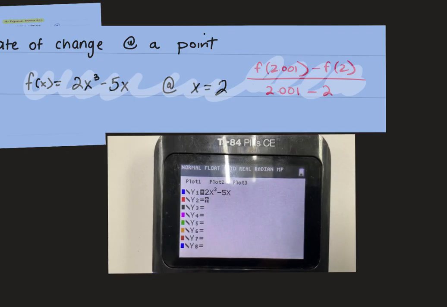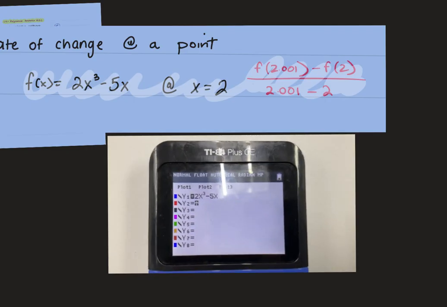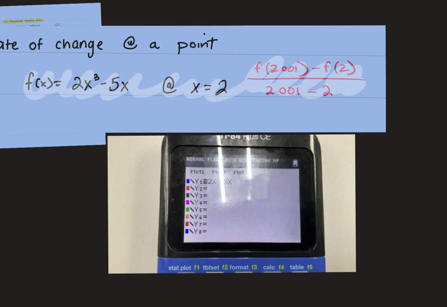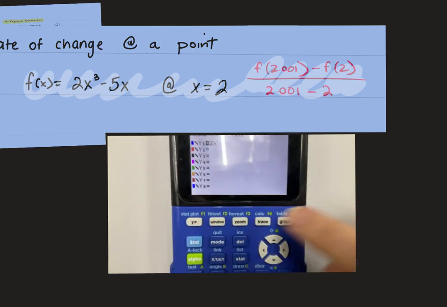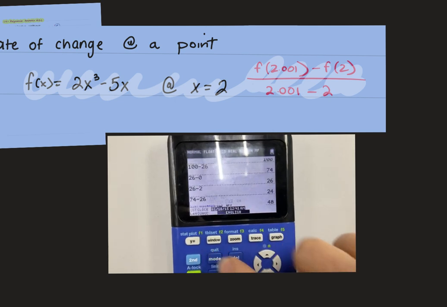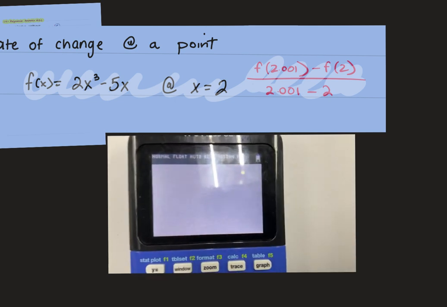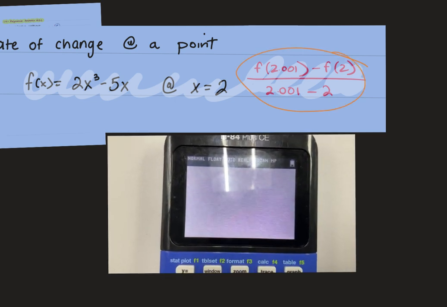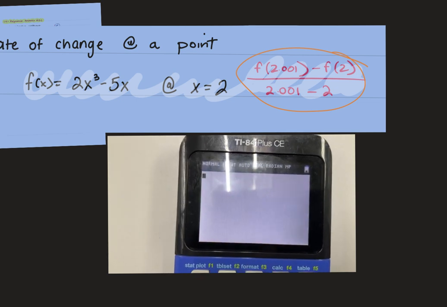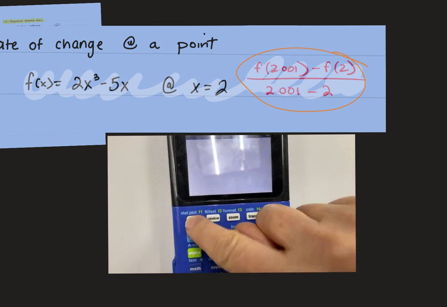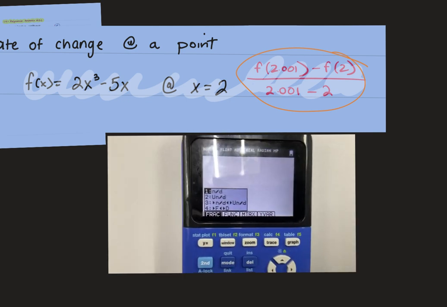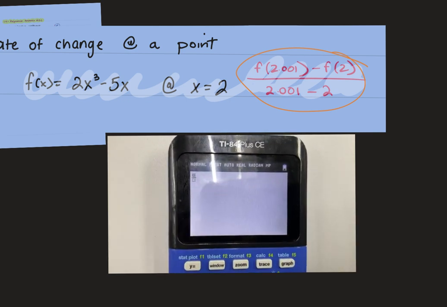All right, so in order to find this, I typed into my y equals the equation 2x to the third minus 5x. Then I'm going back to my home screen, and I'm going to do this entire thing in one move. Mine is under alpha y equals. Remember, you also could have a shortcut.